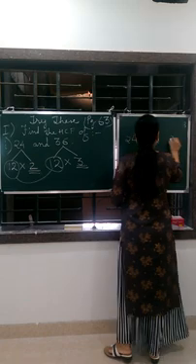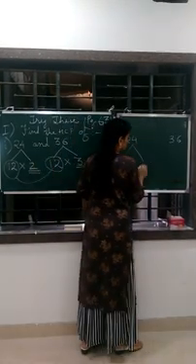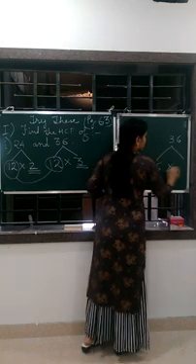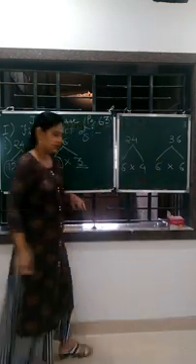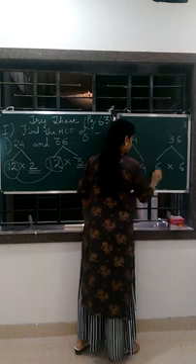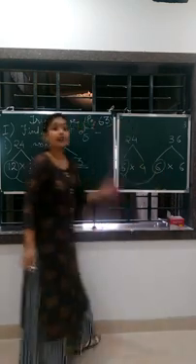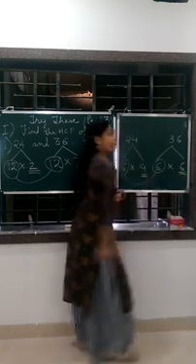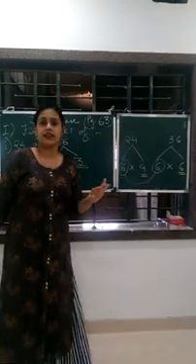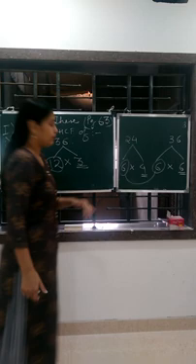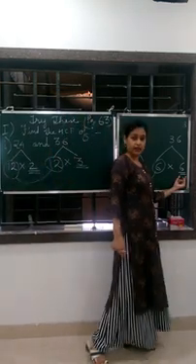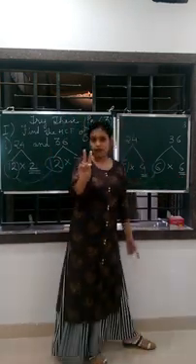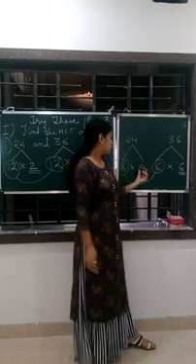For 24 and 36, if I write 24 as 6 4s and 36 as 6 6s, I get a common factor. But when I talk about the uncommon factors, that is 4 and 6, nothing should be common in between them except for 1. When I check for 4 and 6, I see that 2 is common.